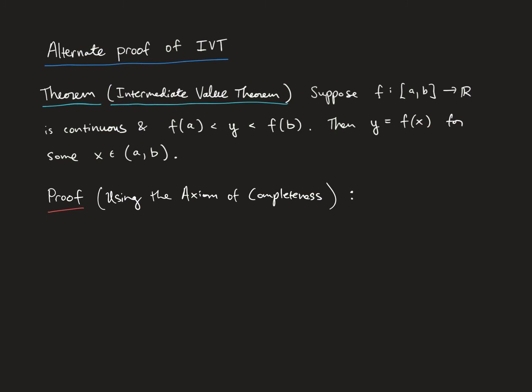So we have to somehow produce this x, whose image under this function f is y. Naturally enough, this x should be the supremum of some kind of set lying in this interval from a to b.